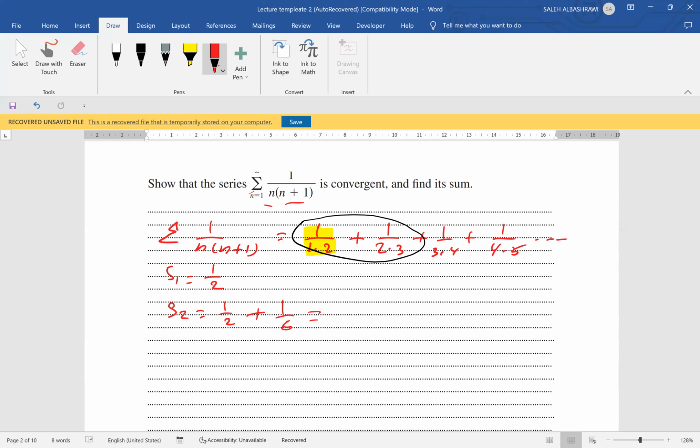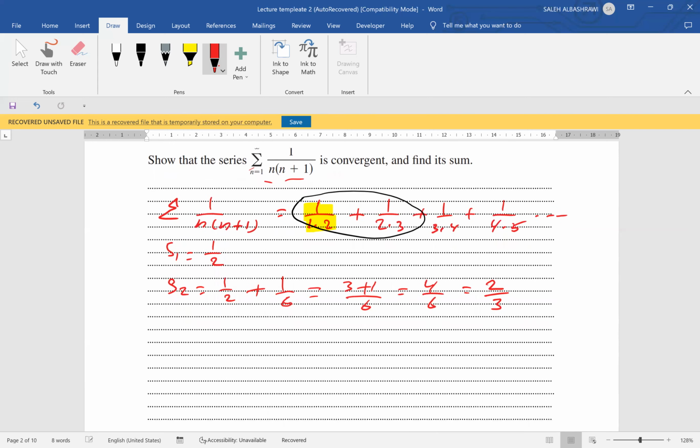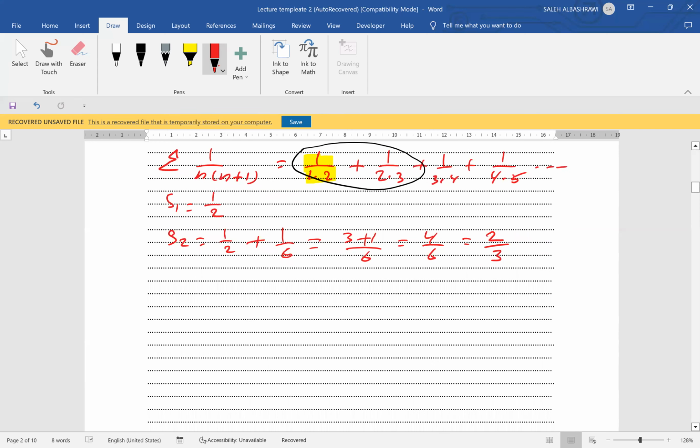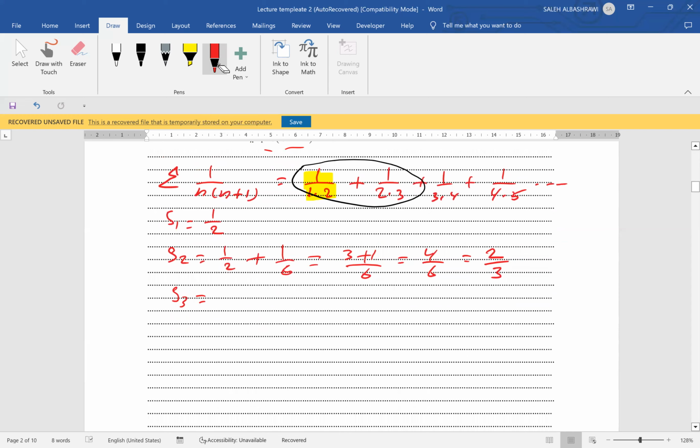This will give me 3 over 6 plus 1 over 6, which is equal to 4 over 6. That is equal to 2 over 3. S3 is equal to the sum of the first three terms. So I will take the first three terms. So it is 1 over 2 plus 1 over 6 plus 1 over 12.